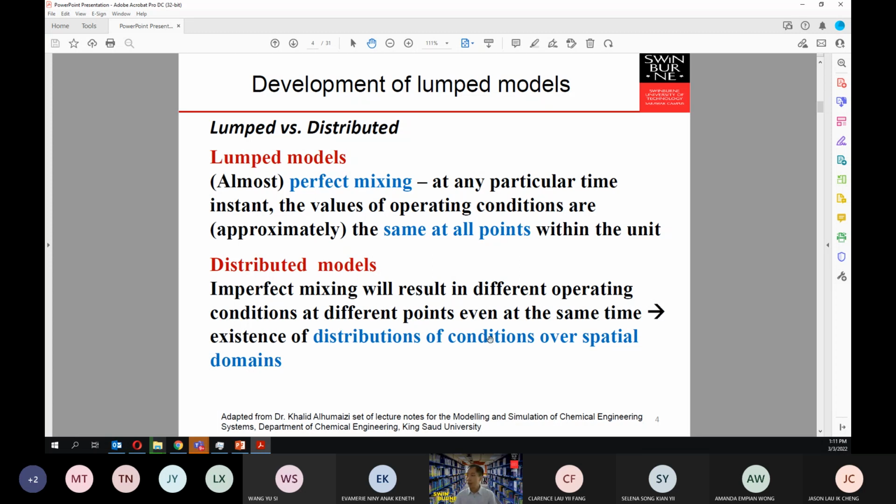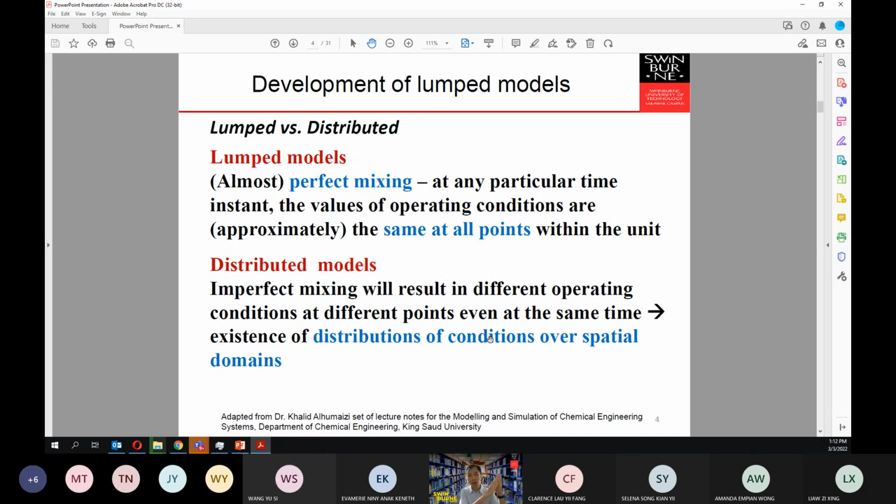Imagine you are dealing with a real situation, for example a rod. If there is heat transfer or conduction through that rod, and the rod is very long, it will be unreasonable to assume that the temperature on the whole rod will be the same.